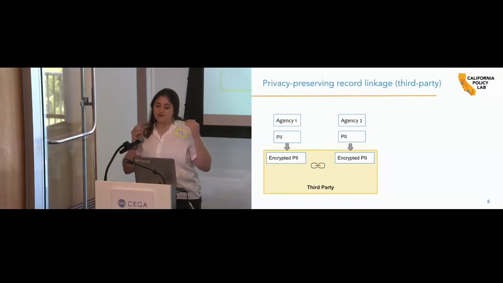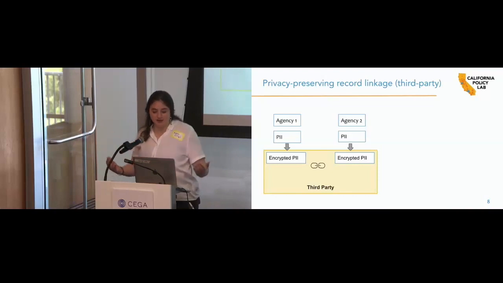So even when agencies have the ability to hash their information and link that information, they might be able to do so only if they do it via a third party agency. And what we're going to be talking about today, CPL serves as that trusted third party intermediary, helping the agencies hash their own data and ultimately facilitating that linkage.